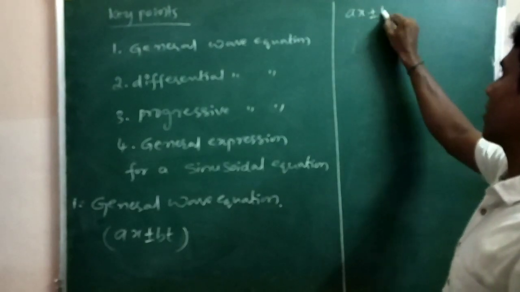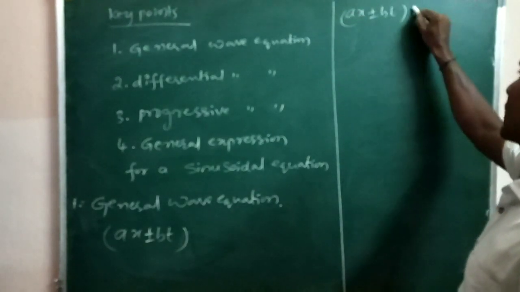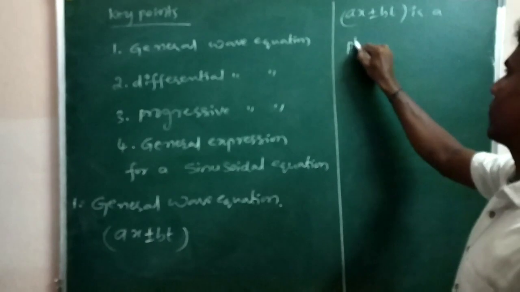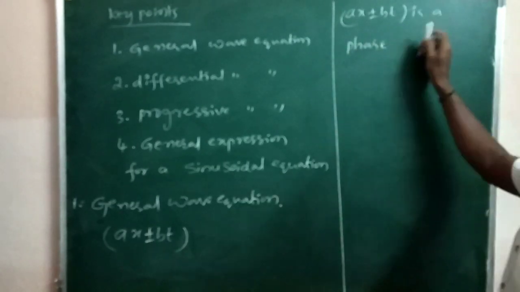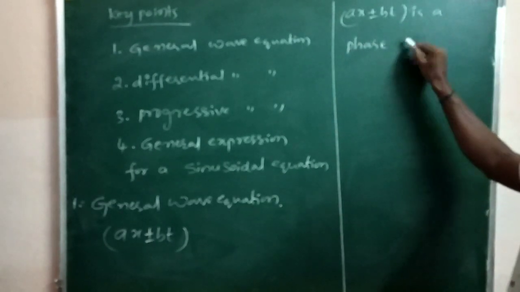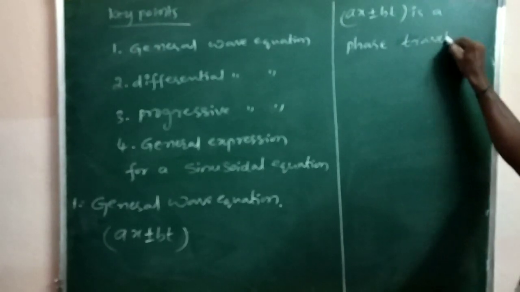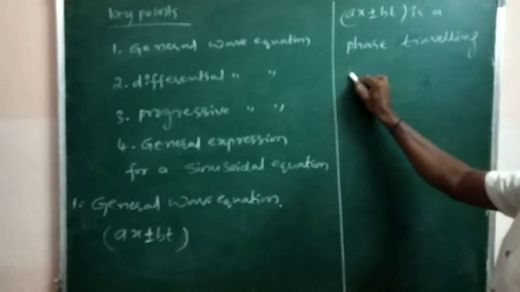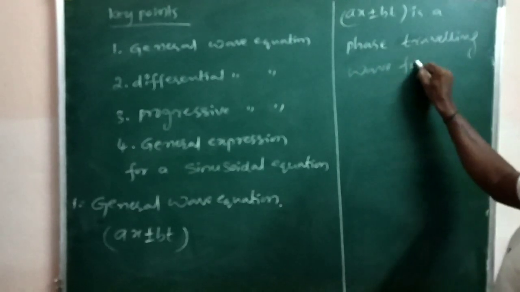Ax plus or minus bt is a phase, and it is a traveling wave function.